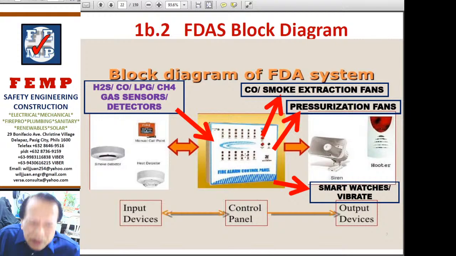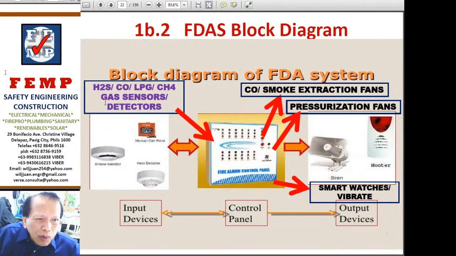It is a logic device which receives the signal from the detectors, and this FACP, or fire alarm control panel or control device, will send instructions to your audiovisual devices like sirens, horns, buzzers, lights, and so on and so forth, in order to create the noise for people inside the building to be able to act immediately and avoid the possibility of being suffocated or could die, no? So these are the input devices on the left side, and in the middle is the control panel, and on the right side are the output devices.